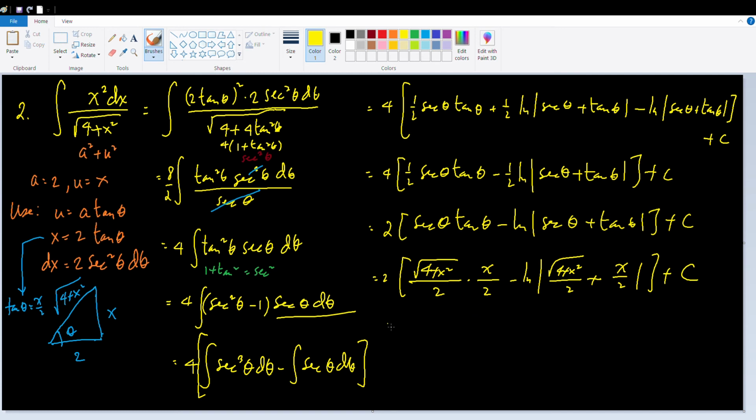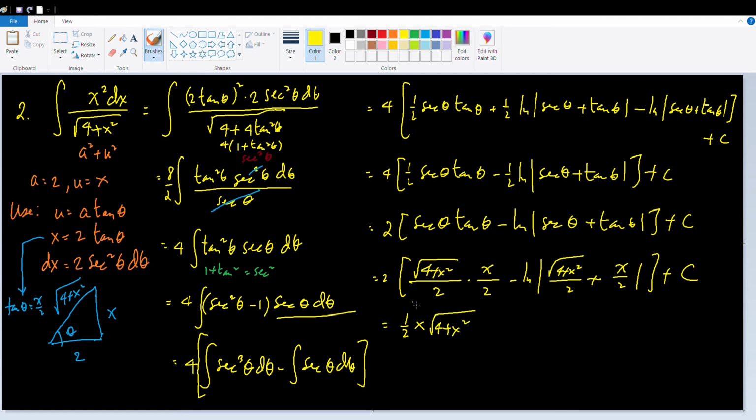Okay, so we can distribute the 2. That will be 1/2 x square root of 4 plus x squared.